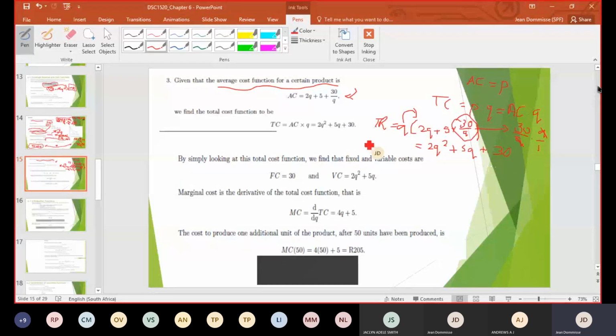Okay, so now I have my total cost function. Now the next thing, they will need to tell you what next. Just by giving you that, you have worked out what the total cost function is. So if there is anything next to do with it, they need to tell you.